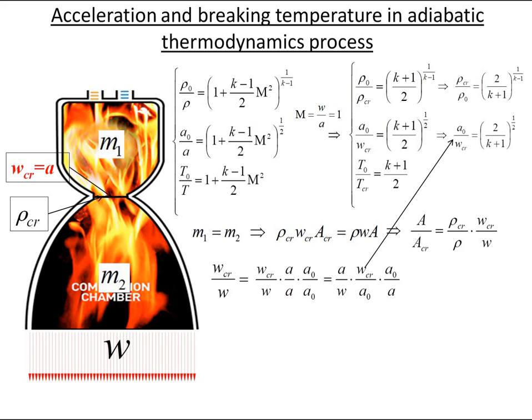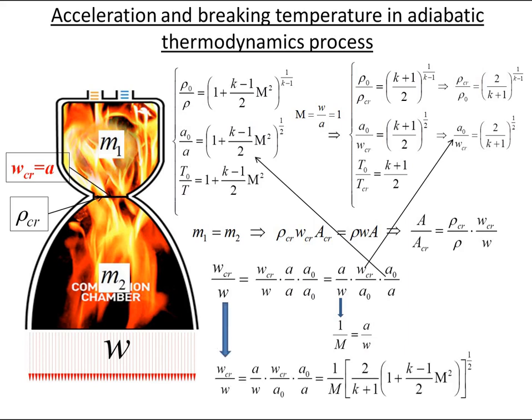This velocities ratio we get from this equation system. And the ratio of velocity W and speed of sound A gives the inverse Mach number value. In the end, the ratio of critical velocity to velocity W gives such an equation. All needed values are derived.